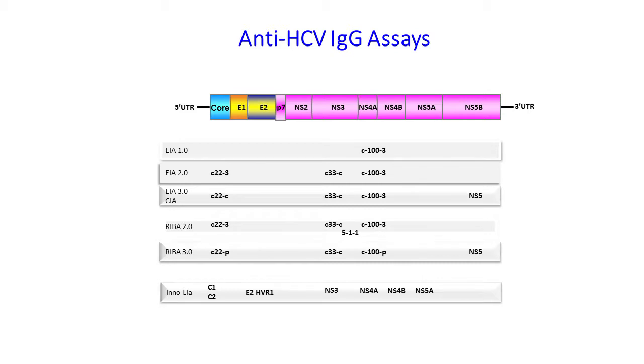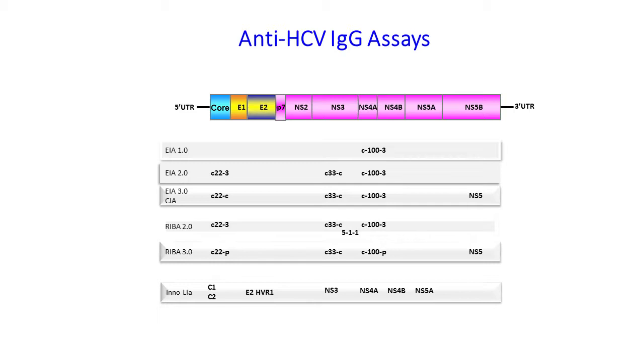Again, the first EIA for the detection of anti-HCV antibodies was developed 12 years ago and had poor sensitivity and specificity. Seroconversion in patients with acute HCV infection was often not detected until 3 months or longer after infection. These first generation EIAs only detected antibodies against the non-structural region NS4 with the recombinant antigen C100-3.